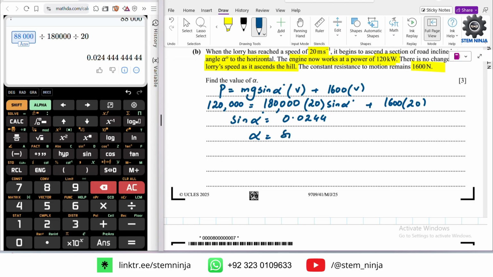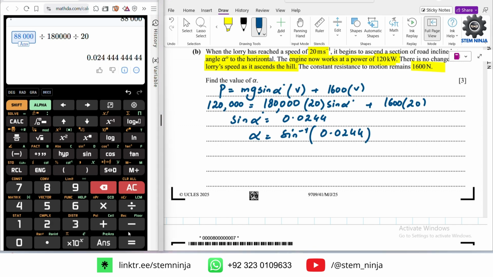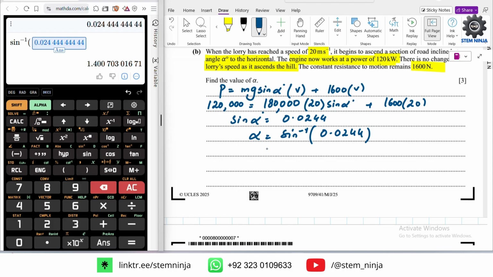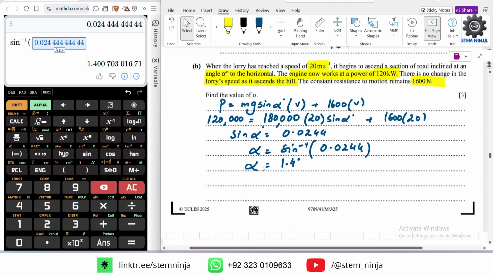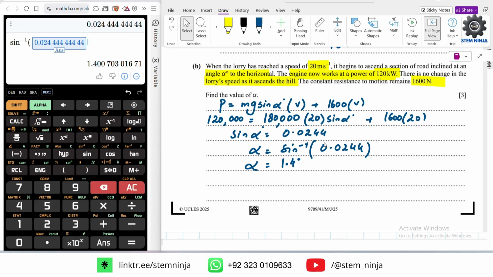So alpha would be sine inverse of this value, you get 1.4 degrees. And that's it for this question. Let's move on to the next one.